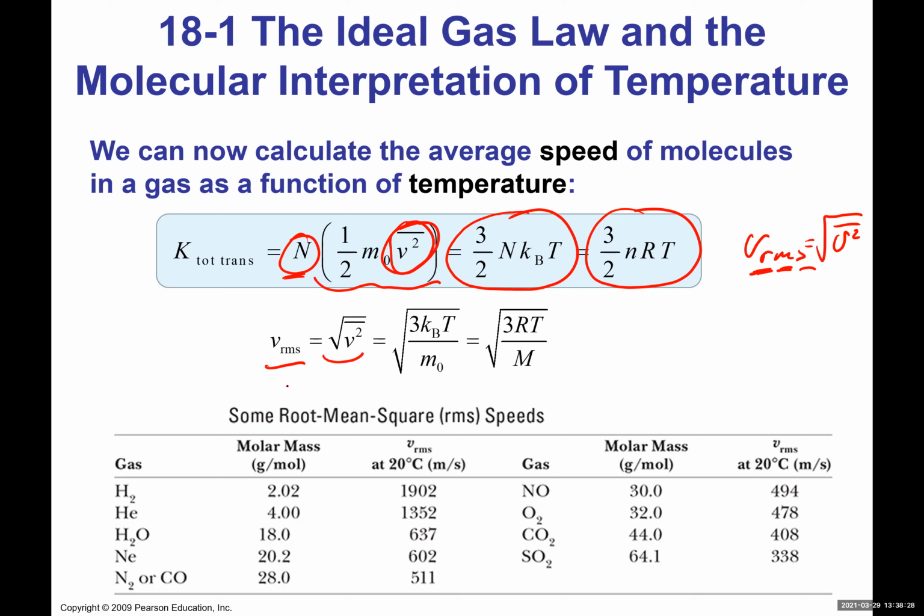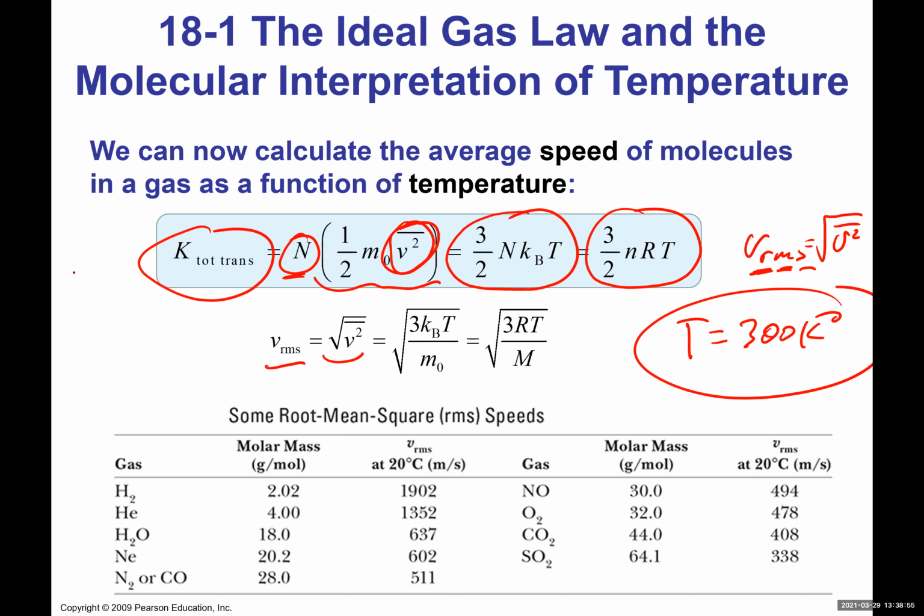We can write it in an easier way of looking at the speed of different molecules and different atoms. So one thing we can see here is that how fast they're moving depends on the temperature. If you have a temperature of, let's say, 300 Kelvin, then every single atom has exactly the same kinetic energy.